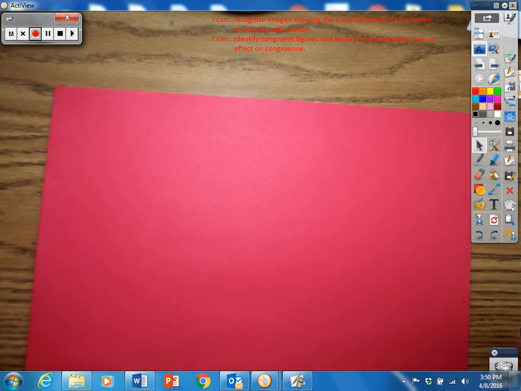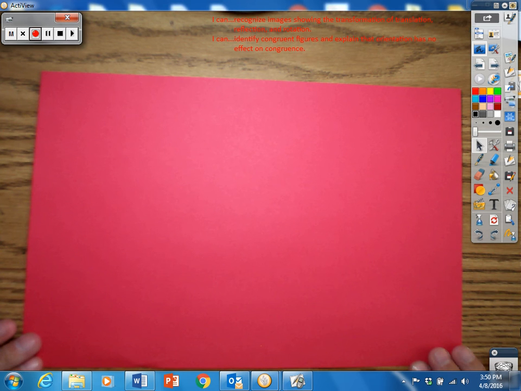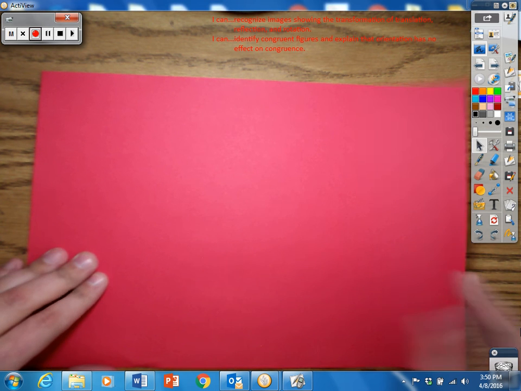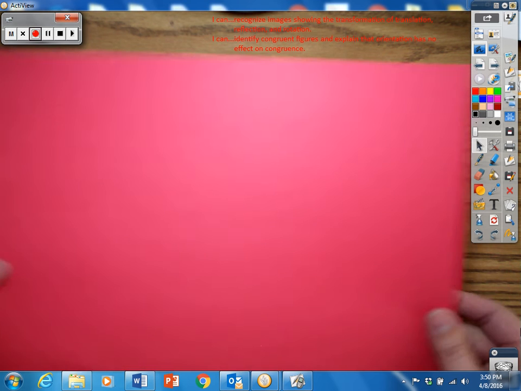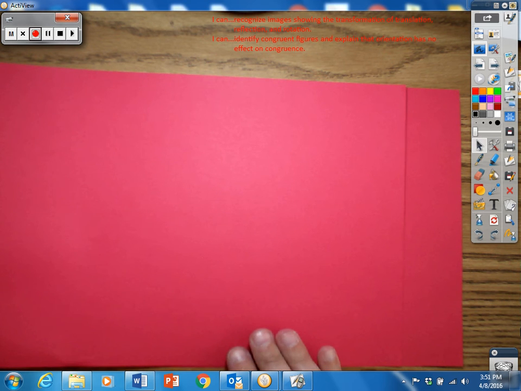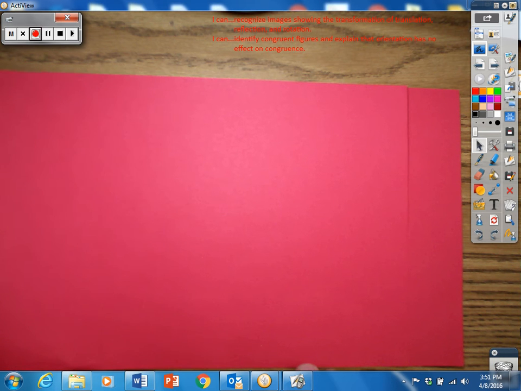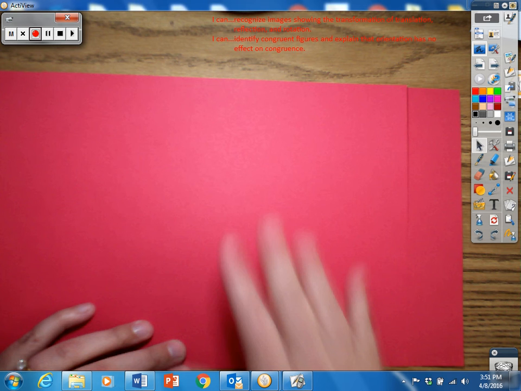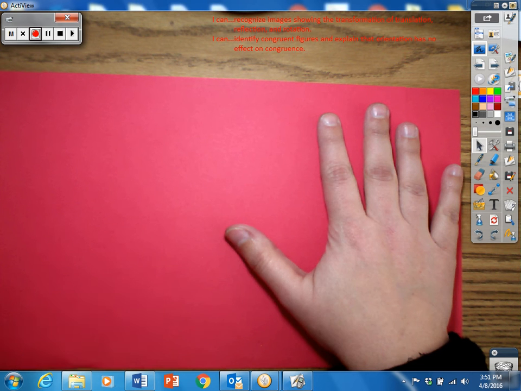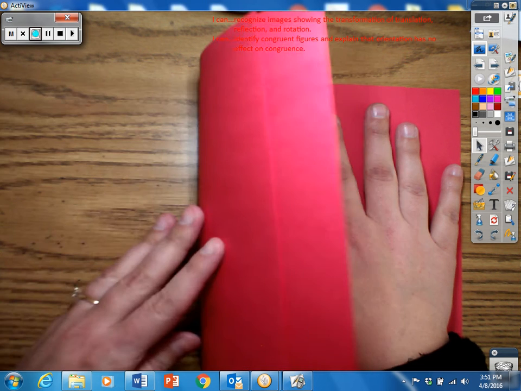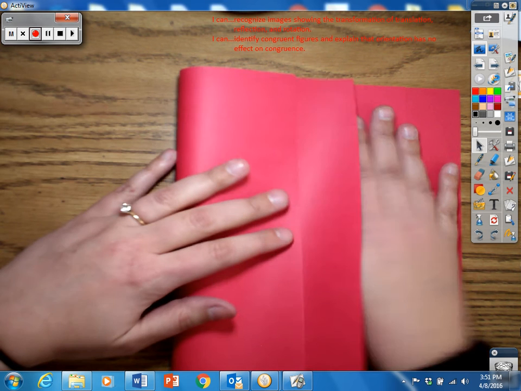Go ahead and put them both landscape and on top of each other just like this. Then you're going to take the top piece and slide it over about there. Okay, does everybody see? Good. Put your hand so it holds it still and pick up both pieces and fold it over.